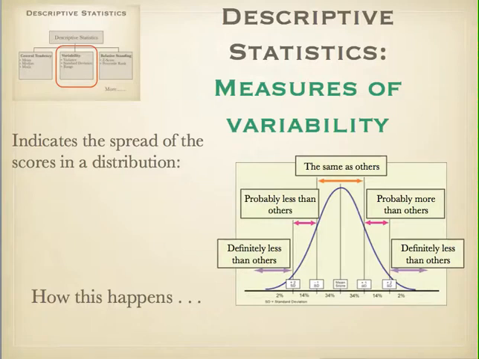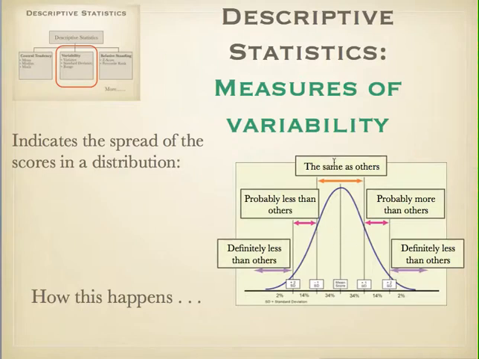Now, when we measure this along what's called standard deviations, and we'll get to a specific example about that in just a minute, what you'll see here is that inside of the bell curve, closest to the mean is where most of the population lands.